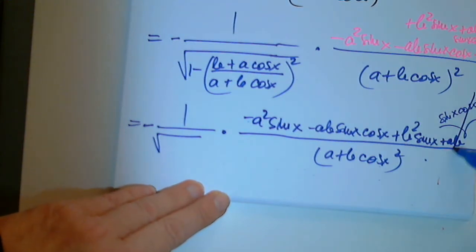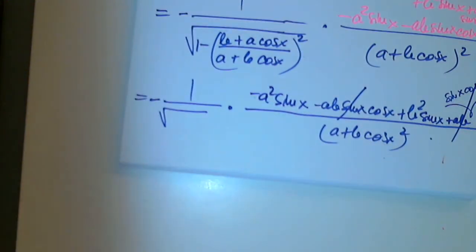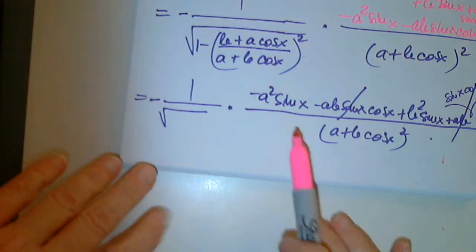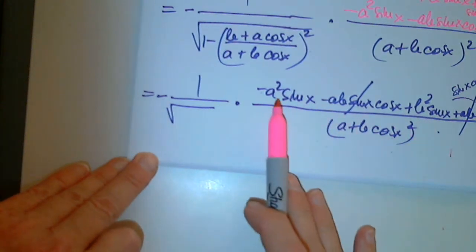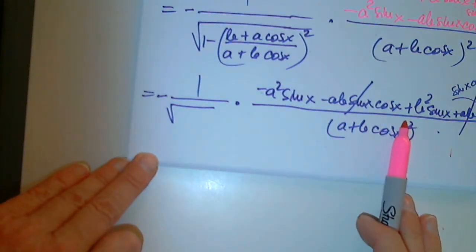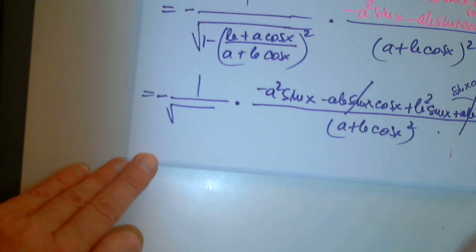But look at what happens here. These two go away. Negative ab sine x cosine x with positive ab sine x cosine x, they go away. And now I have negative a squared sine x plus b squared sine x.